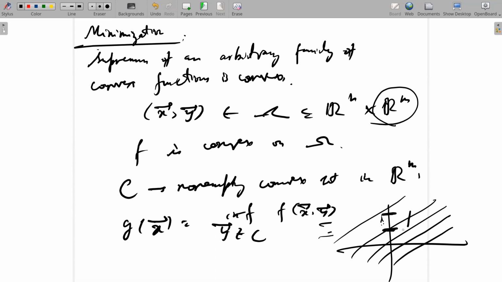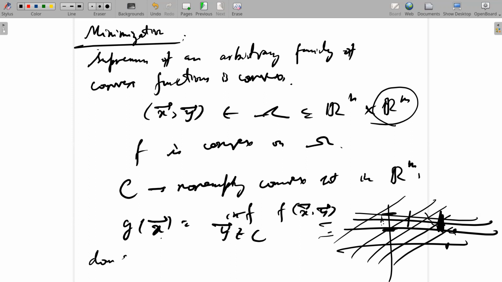For each value of y, you're slicing along this direction, and then you're taking the smallest value, wherever the infimum is. So for each x, that's what you're doing: g of x. Sorry, my bad. Here x is fixed and y is varying along this interval. So you're looking here and taking the infimum here. And the claim is this g is in fact also a convex function.